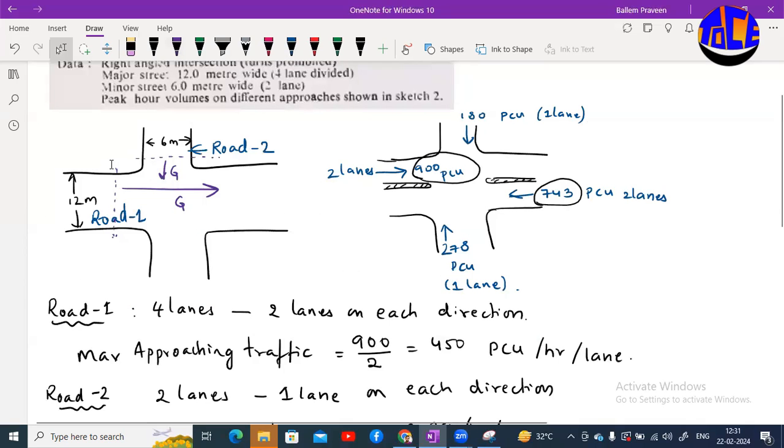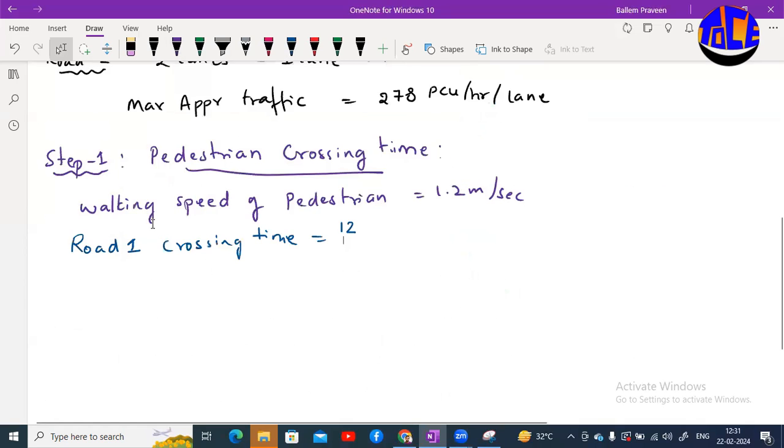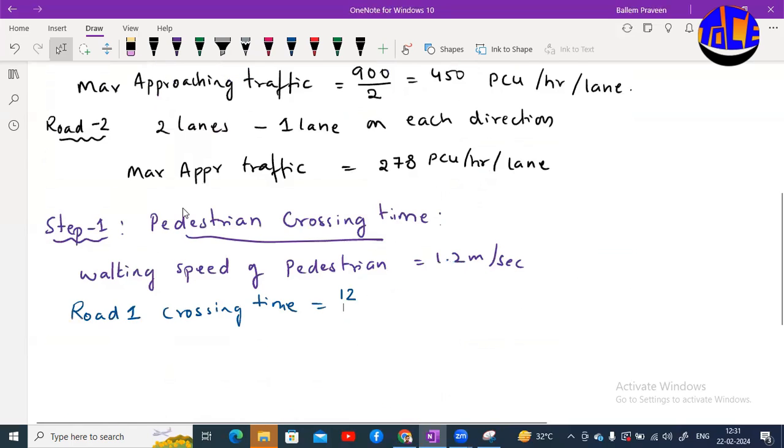He should walk entirely from here to here. So 12 meters divided by 1.2, where 1.2 is the speed. To get the time of crossing, we need to divide the width, the distance, by the speed or velocity. So 12 meters divided by the speed 1.2, plus 7.